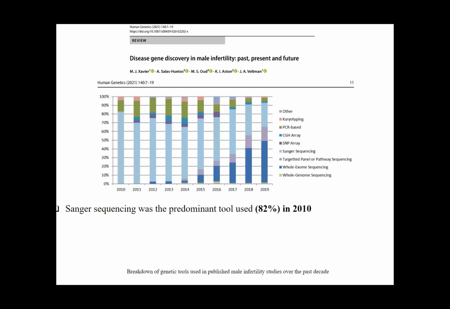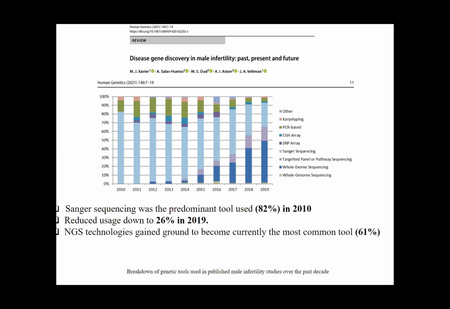Sanger sequencing was the predominant tool with 82% in 2010, reduced to 26% in 2019, and NGS technology became the most common tool, currently with 61%.